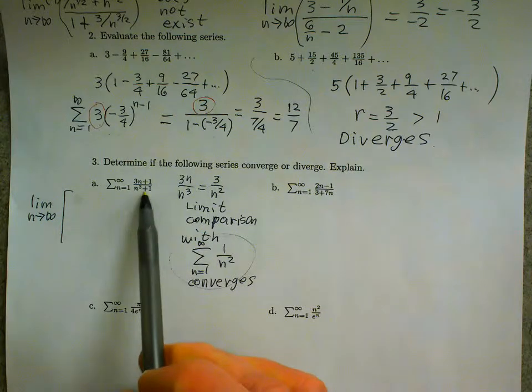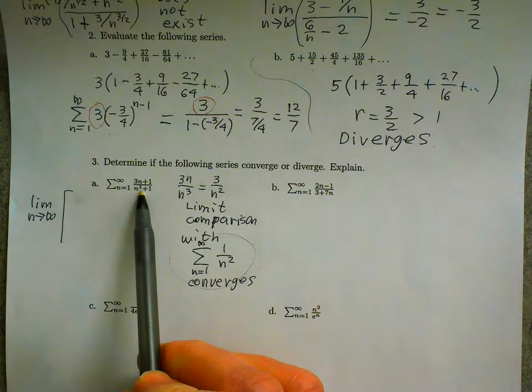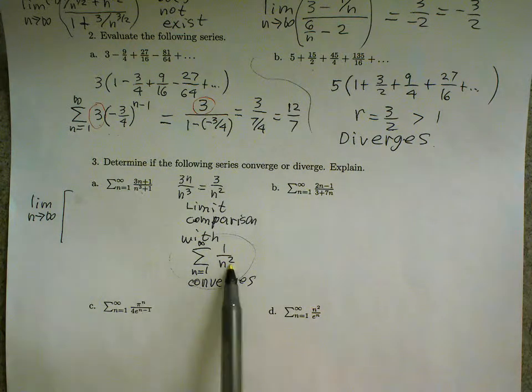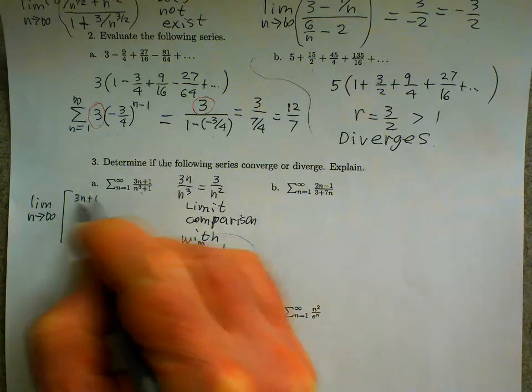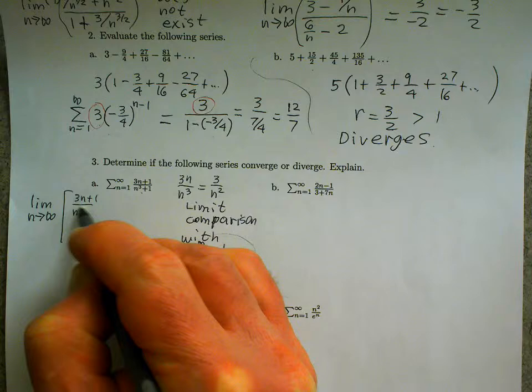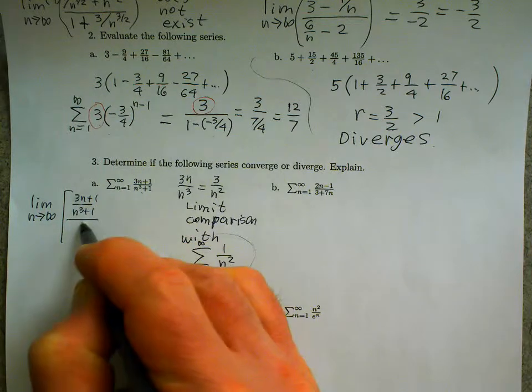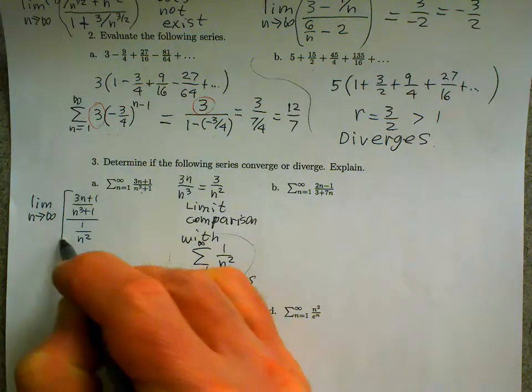we divide one of the terms from the series by the other. So in this one, we can divide 3n plus 1 over n to the third plus 1, divide that by 1 over n to the second.